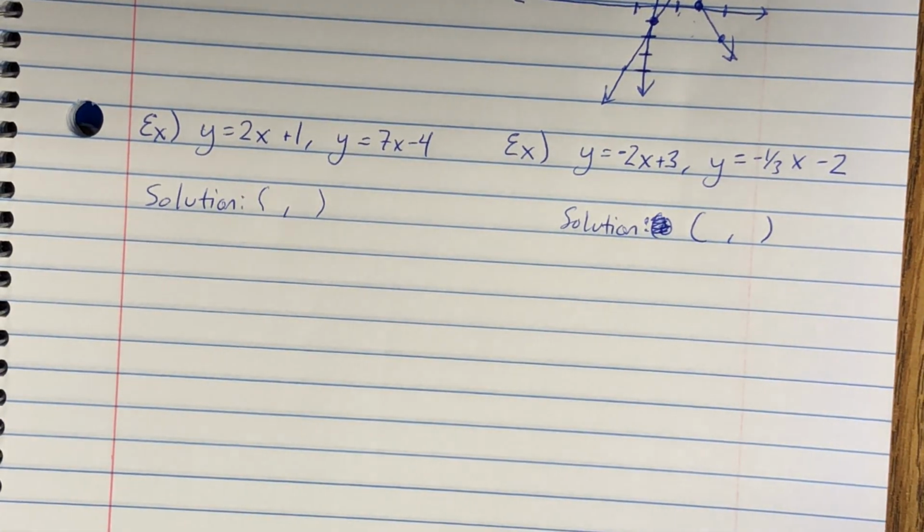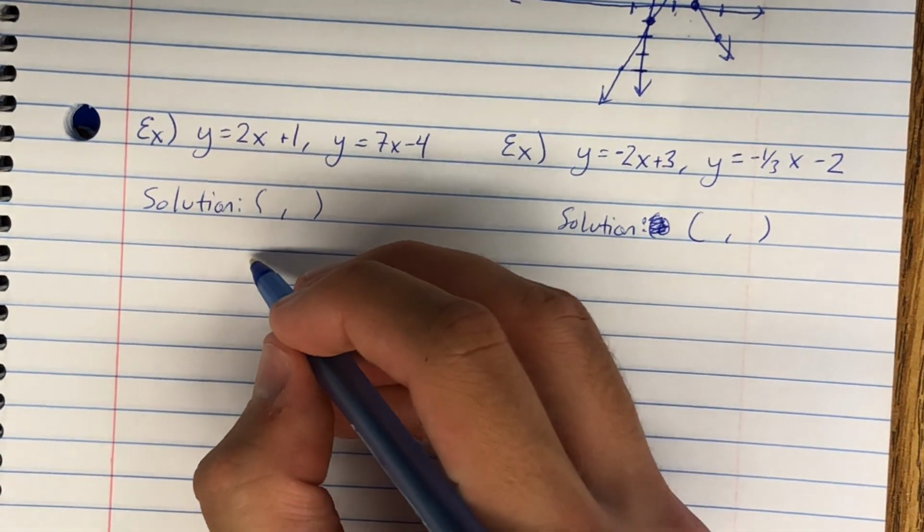Why don't you give both of those a try on your own? Graph the two lines, find where they intersect, determine the solution, and then check back with me to make sure you got that down.